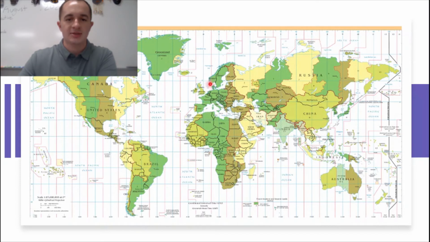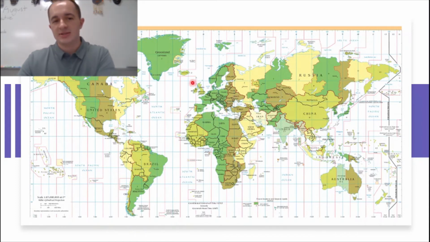That means if it is noon in this light green section, moving one to the right in this darker green section, like France or the center of Africa, it is 1 p.m. So moving from 0, one section crossing this red line, it is an hour forward.